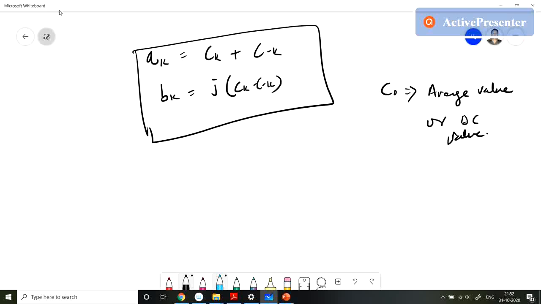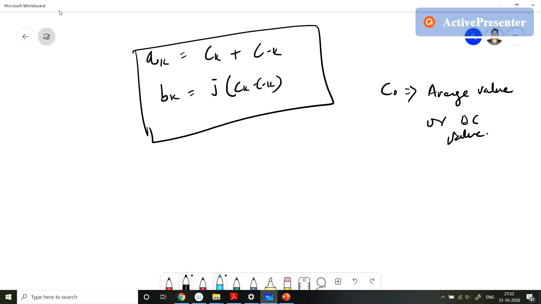because there is no frequency component in c0. If we check that relation, we are considering k = 0, so that is why it is called the zero value or DC value.